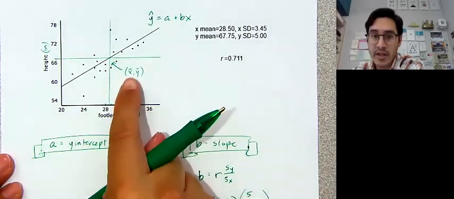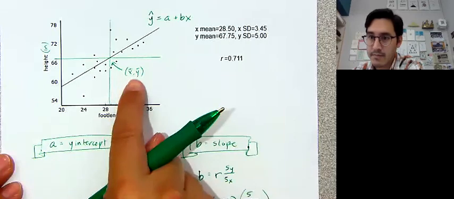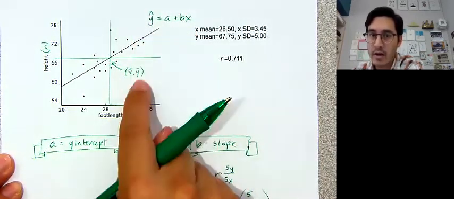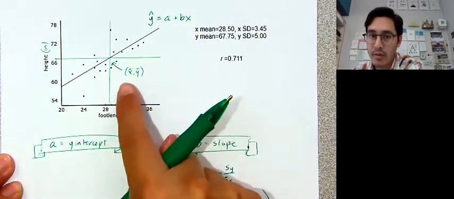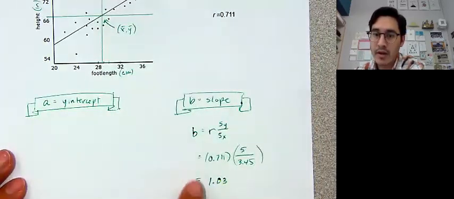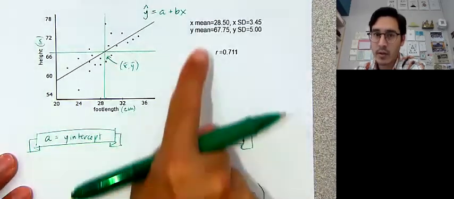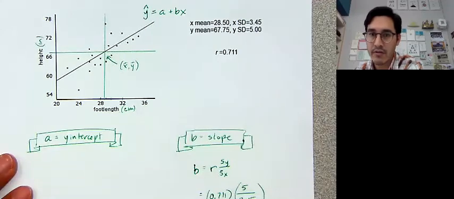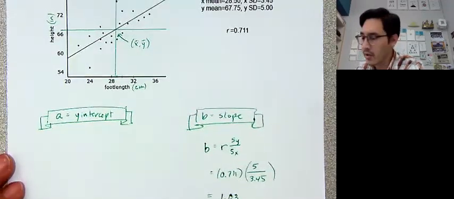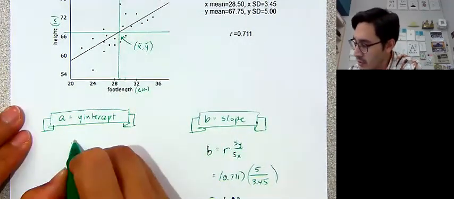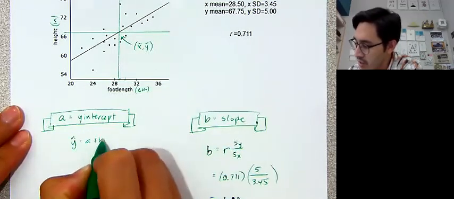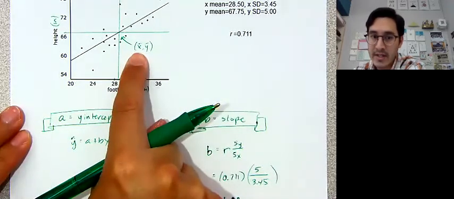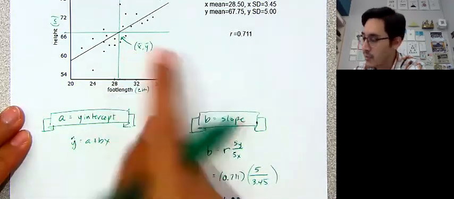This is cool, because we can substitute these expressions into our model. Replace y hat with y bar, replace x with x bar. And we know the value of b, so we can substitute that here as well, and then just solve for a. Let me write this first: y hat equals a plus bx, and we replace y hat and x with y bar and x bar.